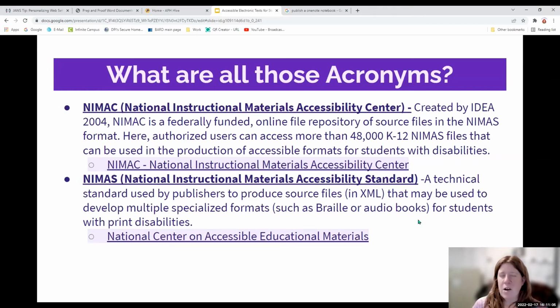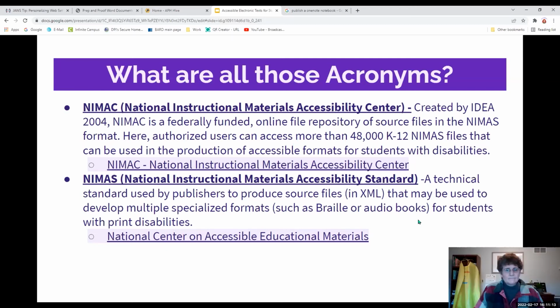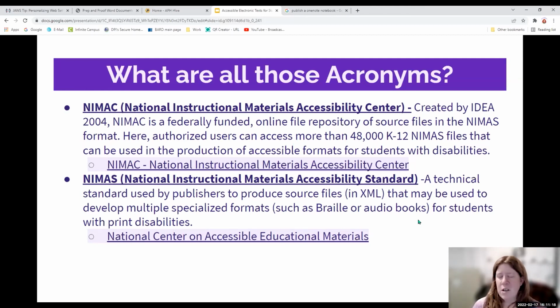The NIMAS files are specifically encoded in such a way as to protect them, because as we know, copyright laws are pretty strict, and we want to make sure that we protect the intellectual property of the authors. The fancy, boring way of saying, hey, we need to be fair to these guys because they sell their materials, and we don't just want anybody on the street to be picking them up for free. These people deserve a right to earn a living, and that's just the way our system works as it stands.